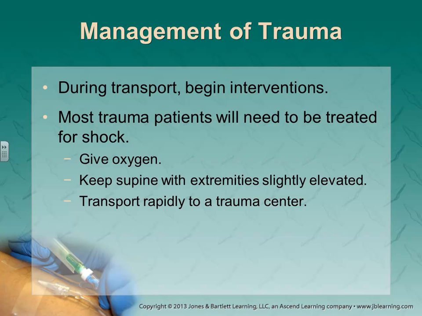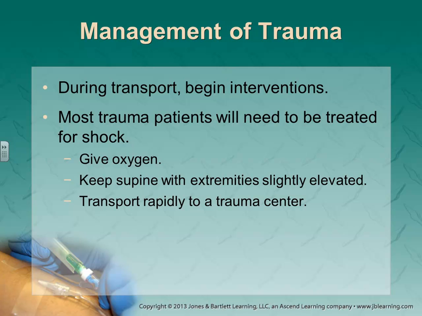We've talked a good bit about management of trauma through this, and again, it hasn't really changed. The pathophysiology of shock, no matter what type of shock, always relates back to what? Tissue hypoperfusion, right? Hypoxia of the tissue.